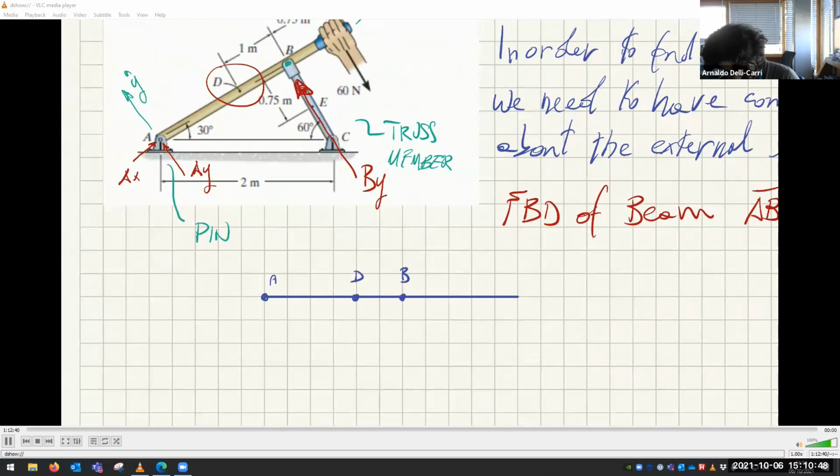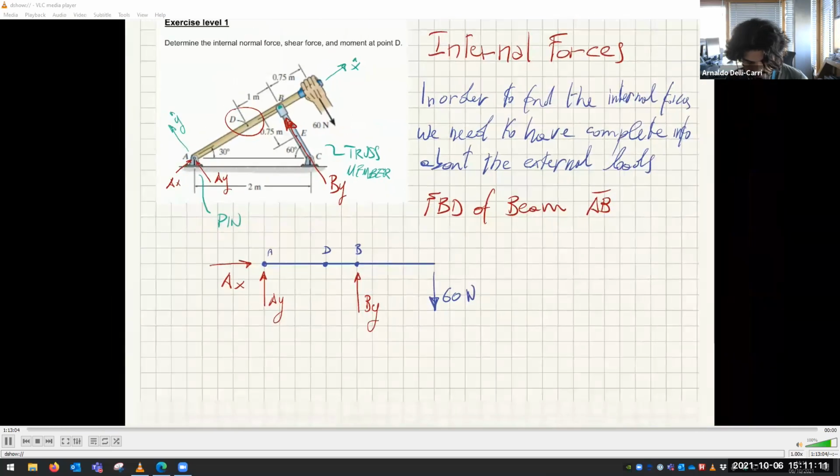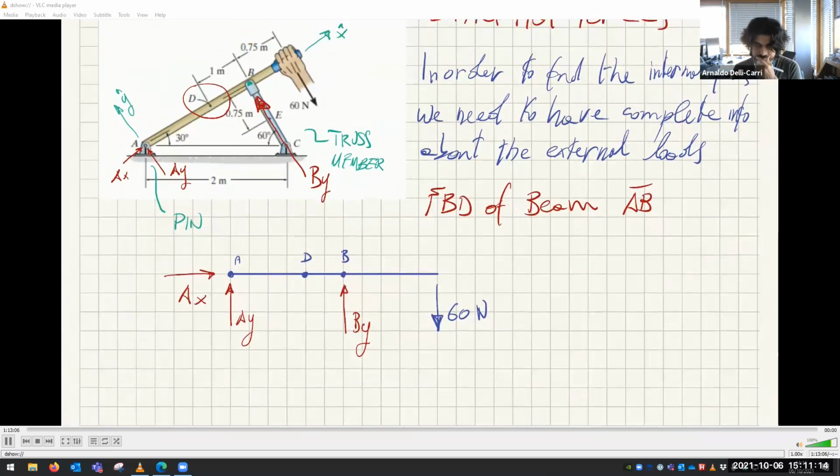So this is a force here of 60 newtons. Then we have the reaction force By, then the reaction force Ay, and a reaction force Ax. Okay, that's it. So these are the only reactions.